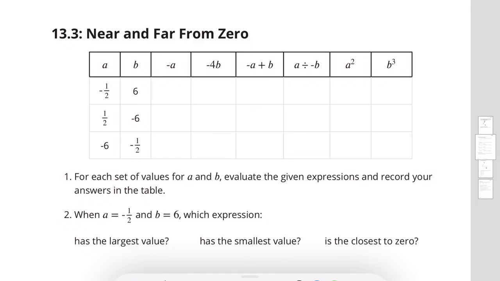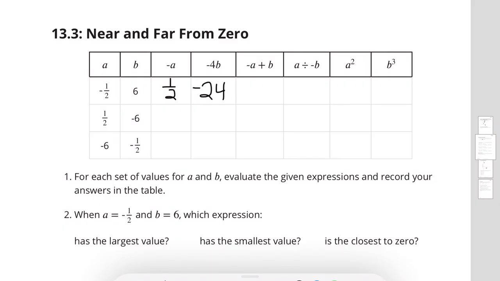Since A is already negative 1/2, the negative A would be positive 1/2. Negative 4 times B, so that would be negative 4 times positive 6. And we know 6 times 4 is 24, and negative times a positive is negative, so it would be negative 24.